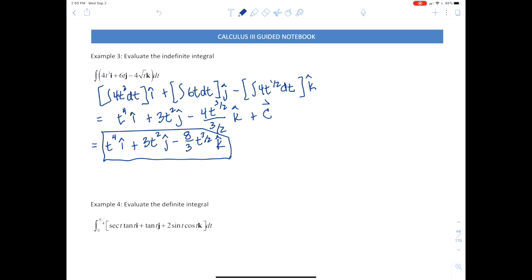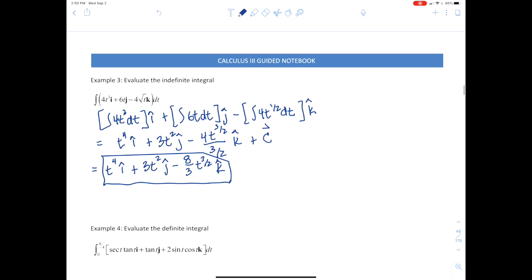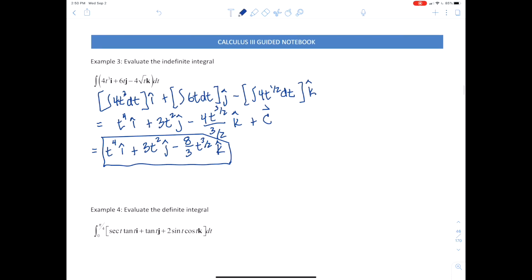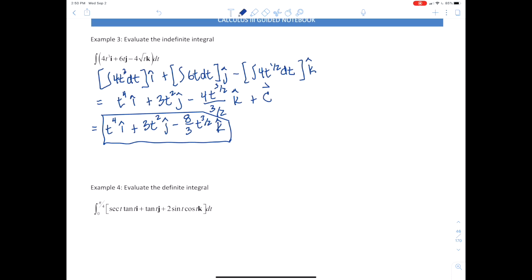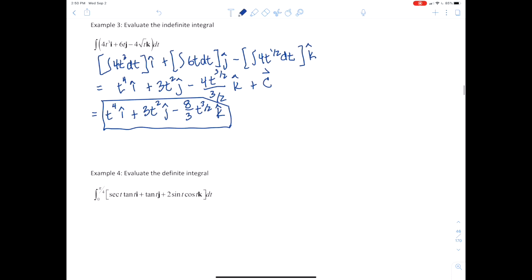So basically, you could have added a constant to each component, like plus c1 times i, plus c2 times j, plus c3 times k. But instead that makes a vector of constants, and so that's why we're just going to say plus c at the end. And remember, it's a vector c. And I forgot to put that. My bad.